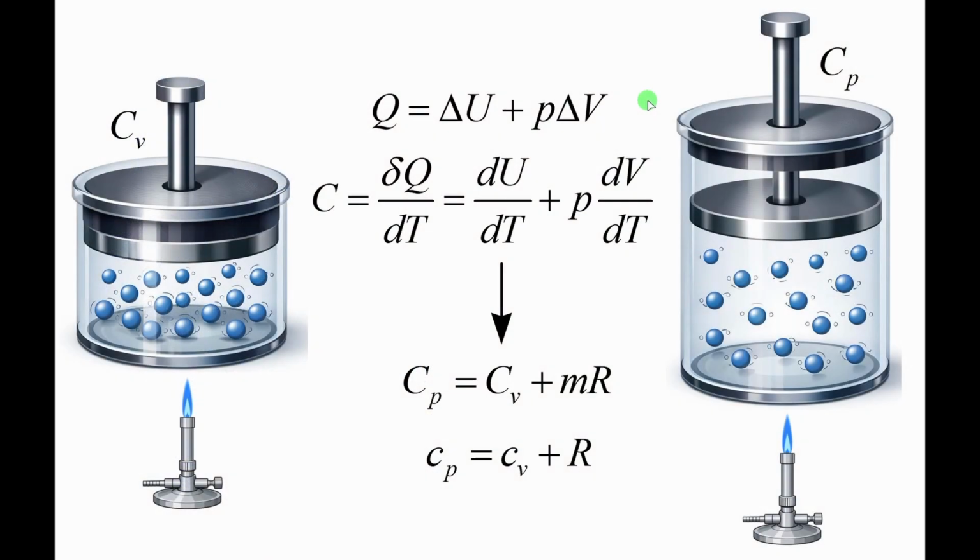Okay, I thought it'd be nice to see a visualization to go with our equations. Now here's our first law of thermodynamics. The heat transfer is the change in the internal energy of the gas plus P delta V. So you can think of the heat as going into two places.